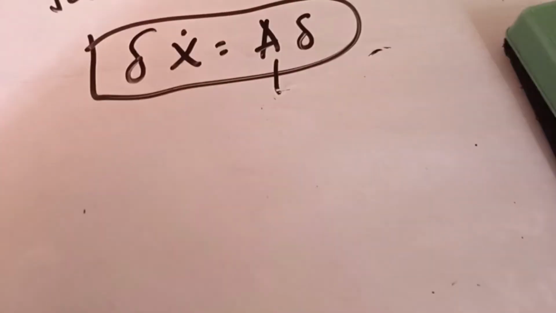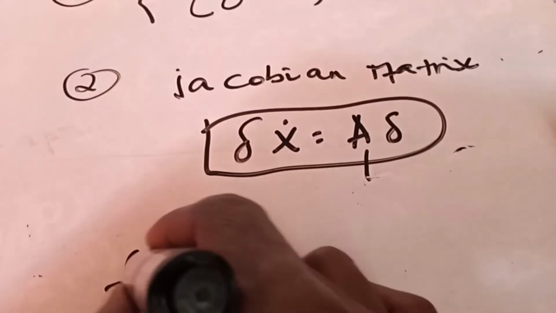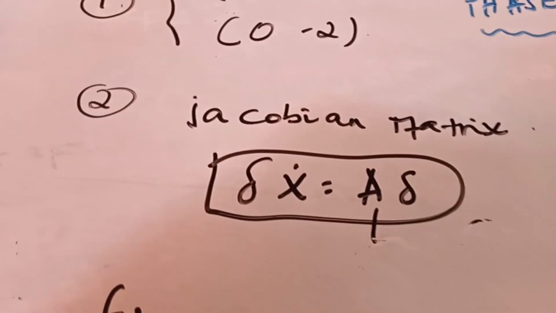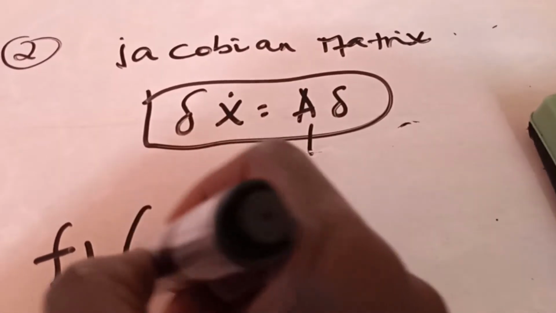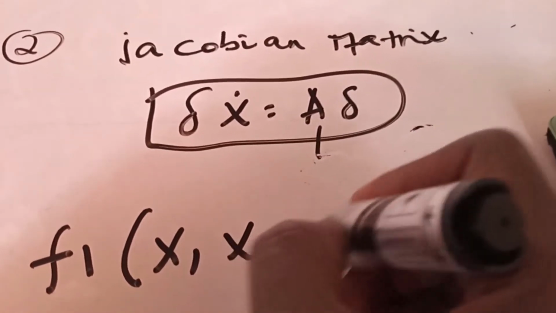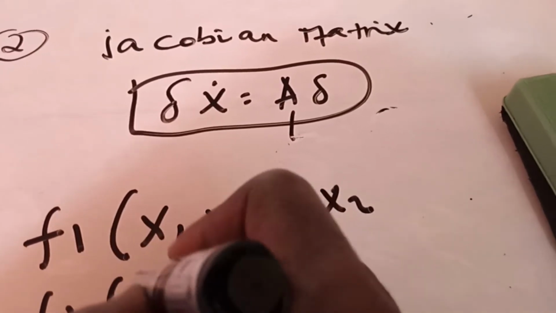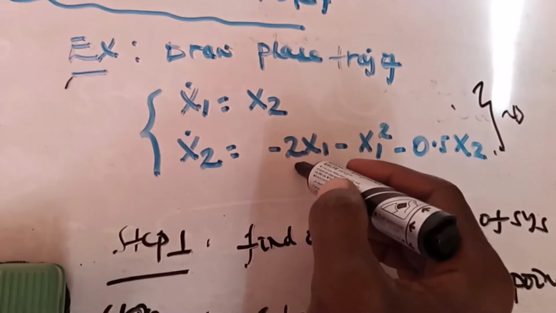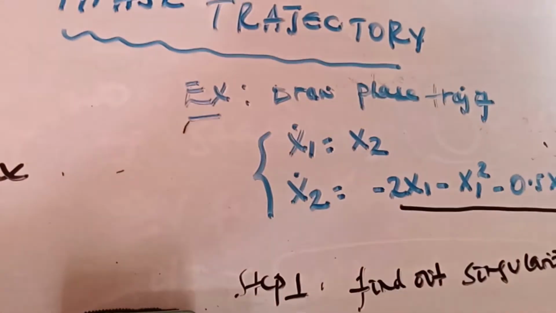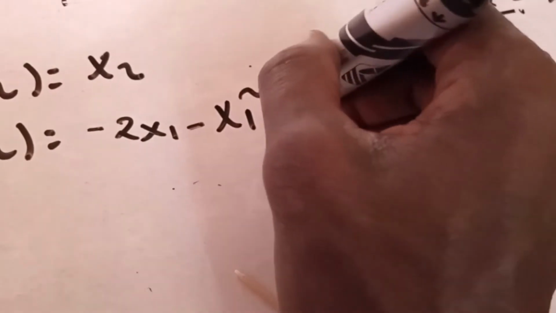For that case, we have to assume our function f1 of x1 x2 is equivalent to x2, and f2 of x1 x2 is equivalent to minus 2x1 minus x1 square minus 0.5x2.